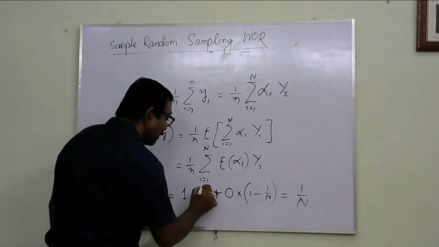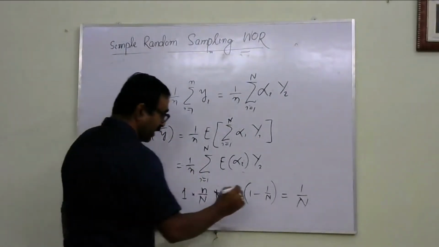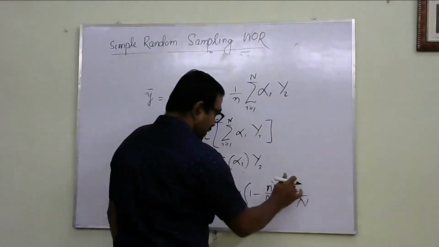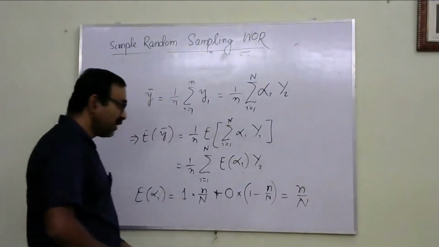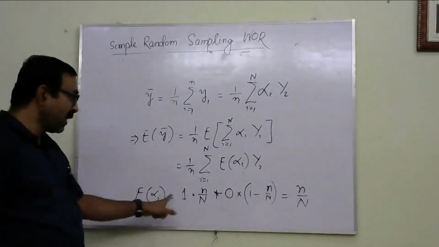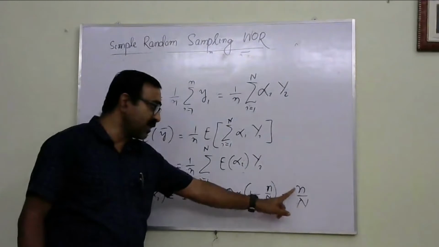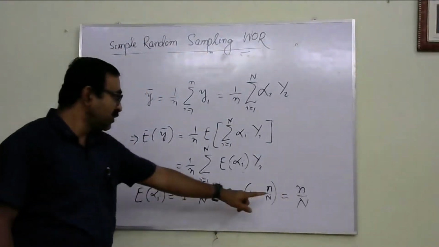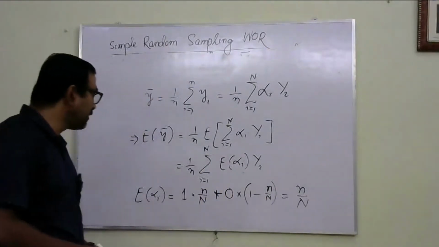So this is equal to 1 into small n by capital N plus 0 into 1 minus small n by capital N. So this is equal to small n by capital N. The expectation of alpha i equal to small n by capital N. Small n is the sample size, capital N is the population size. So we can use this value here.